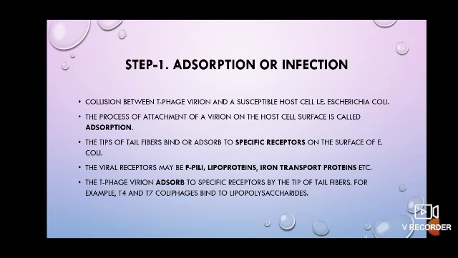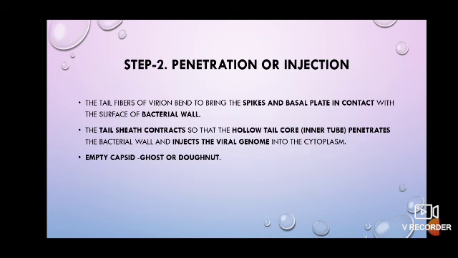So step 1, adsorption or infection, wherein the virion attaches on the host cell surface and binds to specific receptors. The viral receptors may be F pili, lipoproteins, iron transport proteins, etc. The phage adsorbs to specific receptors. Then the second step is penetration or injection. So here what happens?